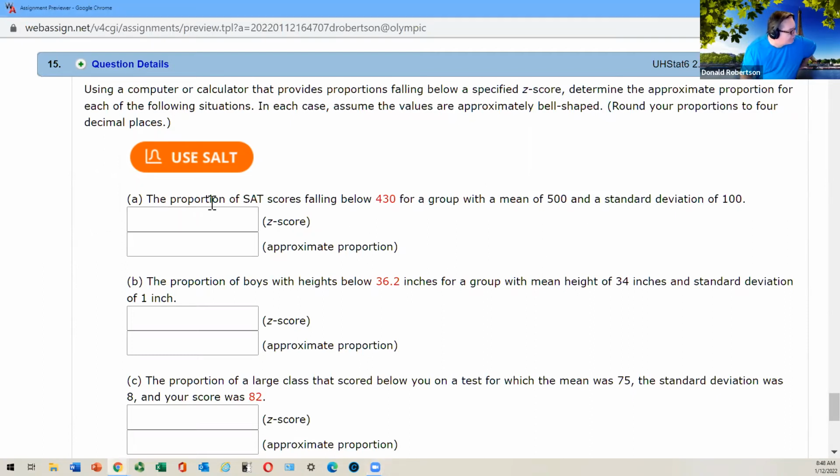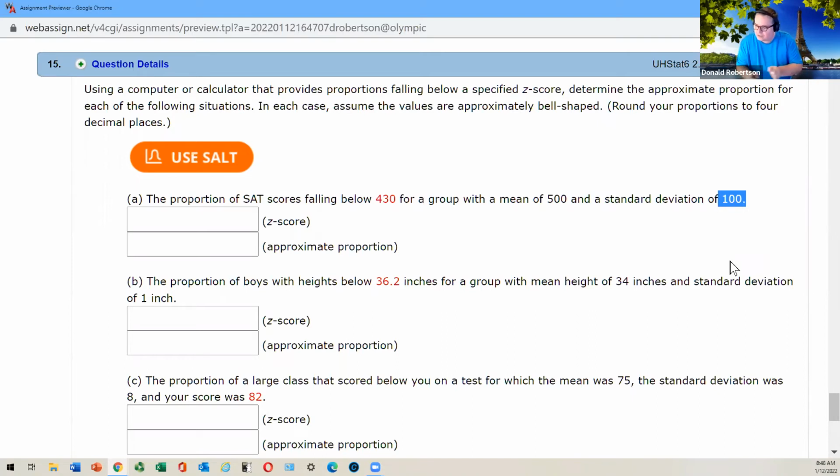Now, this question says the proportion of SAT scores that fall below 430, and it comes from 500 as the mean and 100 as the standard deviation. The table that we just finished doing is only good for set points, 1, 2, and 3 standard deviations.